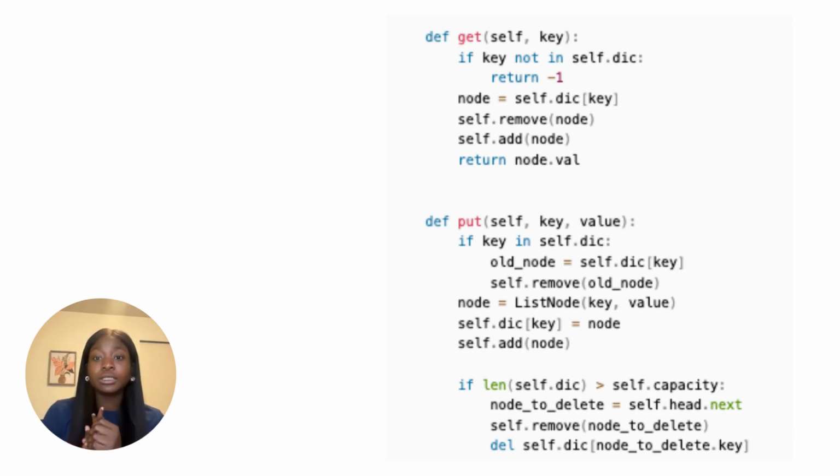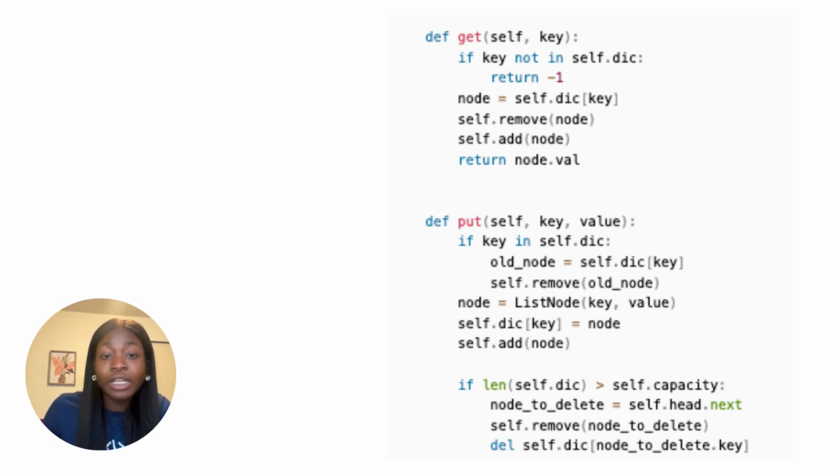So in the question, we're meant to have two functions. I'm meant to have a get, and I'm meant to have a put function. The get function basically gets the value from the key if it's within our linked list. And if it's not, we're going to be returning -1. So the first thing I did was I started with the base case, right? If key is not inside our dictionary, we're just going to return -1.